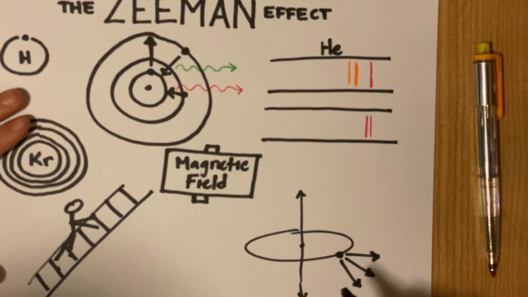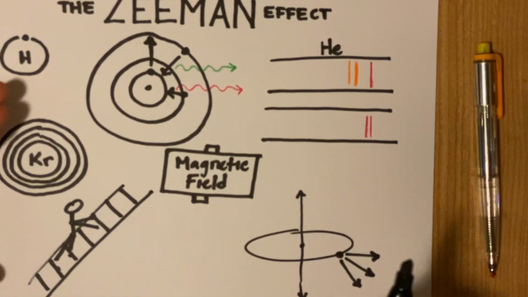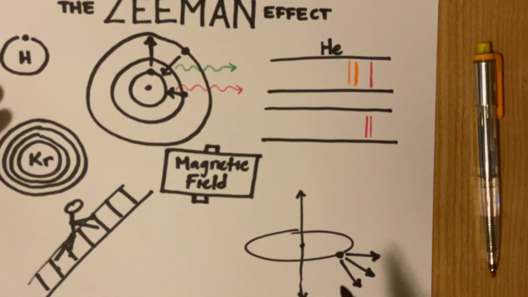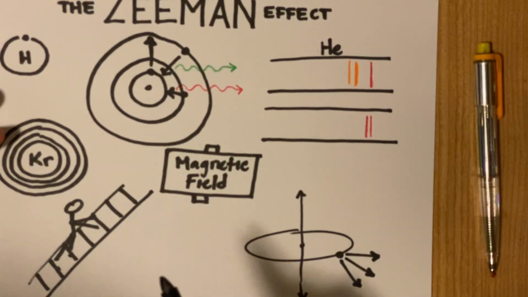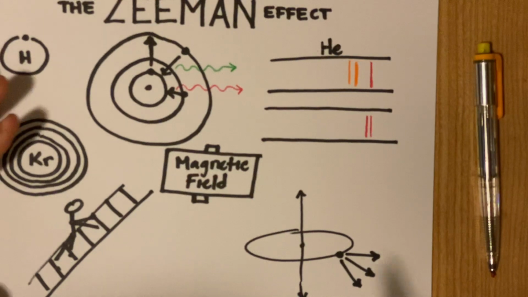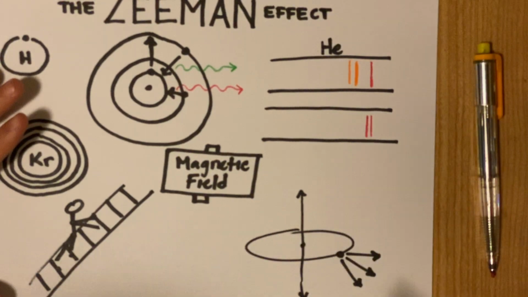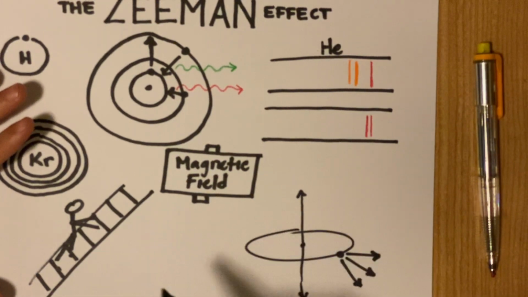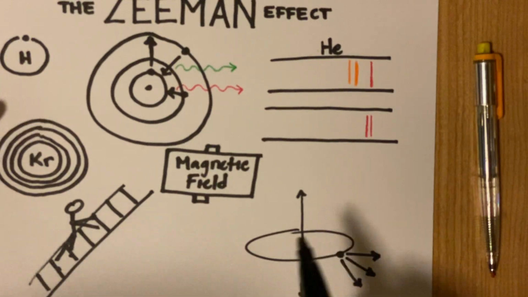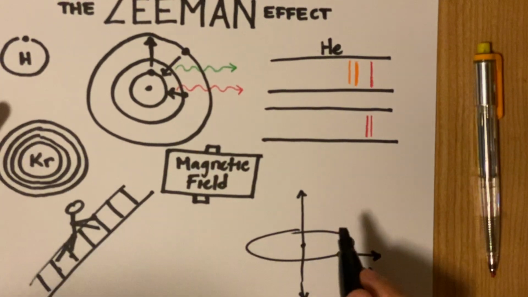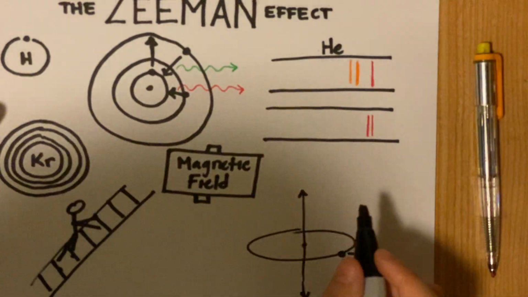We just know that it happens, and we think that it's because the magnetic field affects the rotation of the spin of the photon as it comes out of the atom, according to the ongoing spin of the individual electrons from the element that you're using.